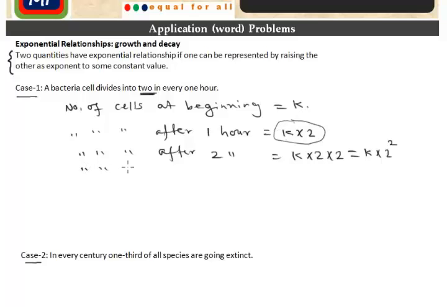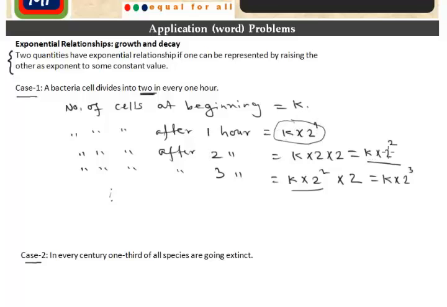Then the number of cells after 3 hours will be, after 2 hours the number of cells is this. Each of these cells will divide into 2. So we will be getting K times 2 to the power 3. So in this way, after 1 hour it is K times 2 to the power 1.